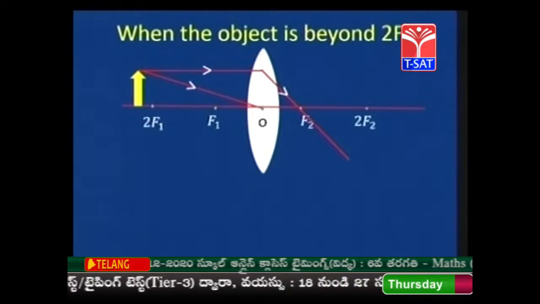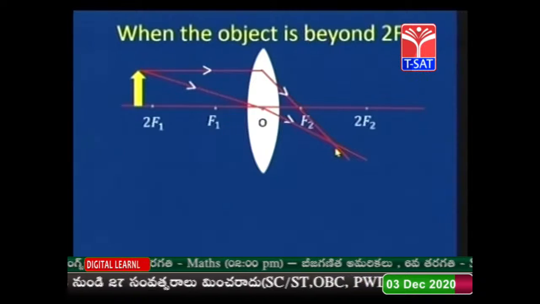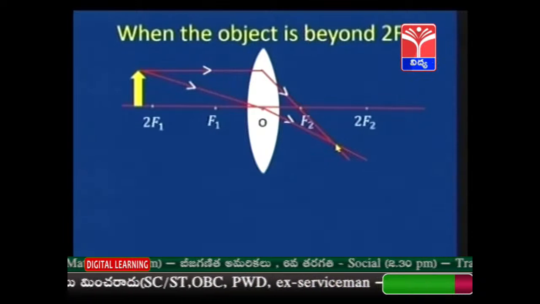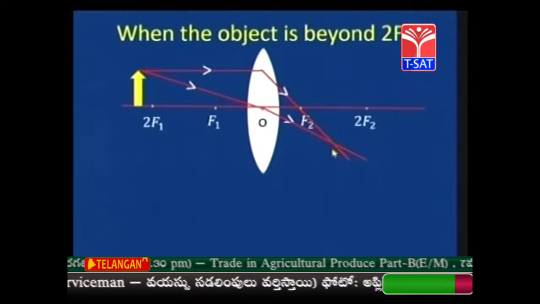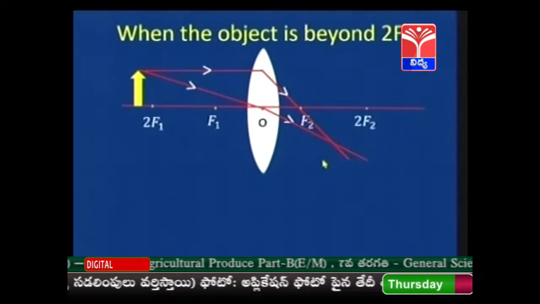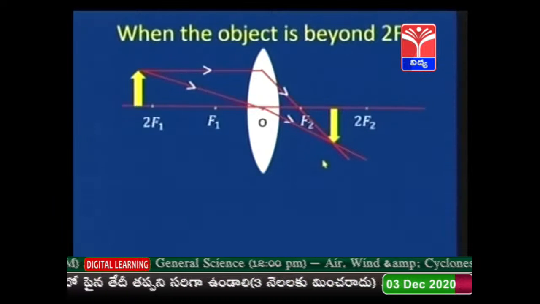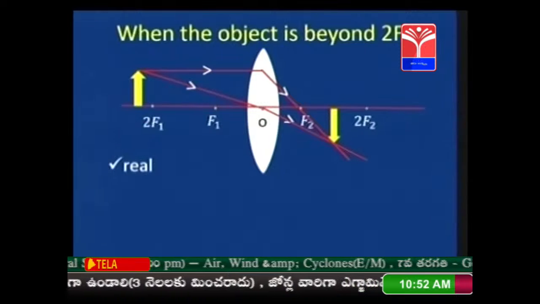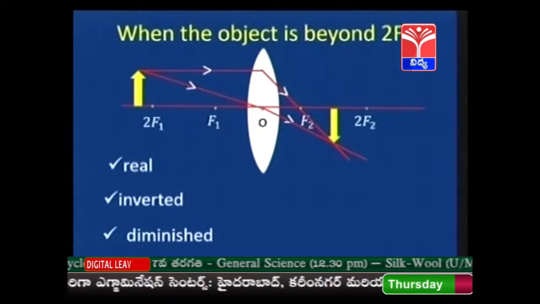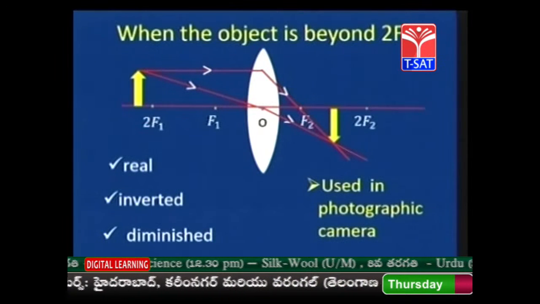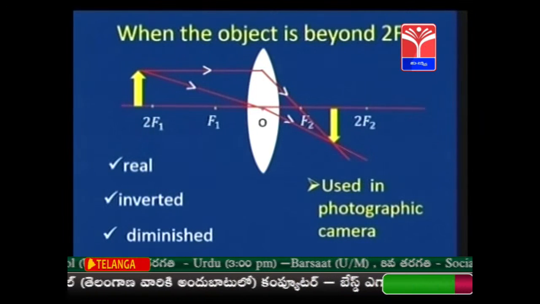It is going to move undeviated, and these two light rays are going to meet at this point. This is the point where these two light rays converge, so this is where you get the image. Now you can see the image is real, inverted and diminished. So in a photographic camera we use this concept when the object is beyond 2F1.